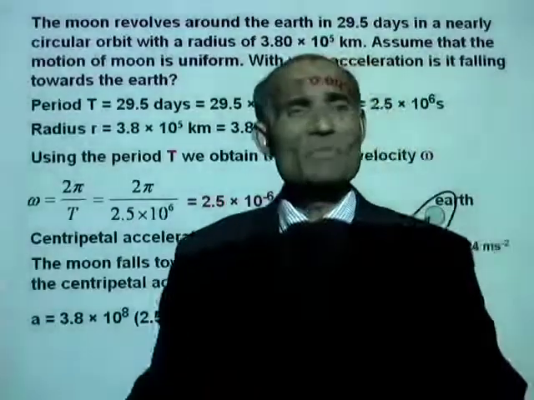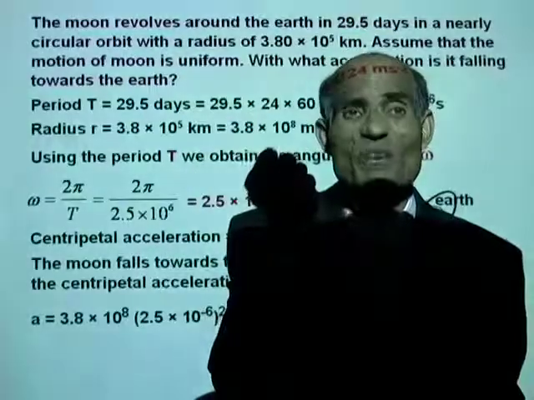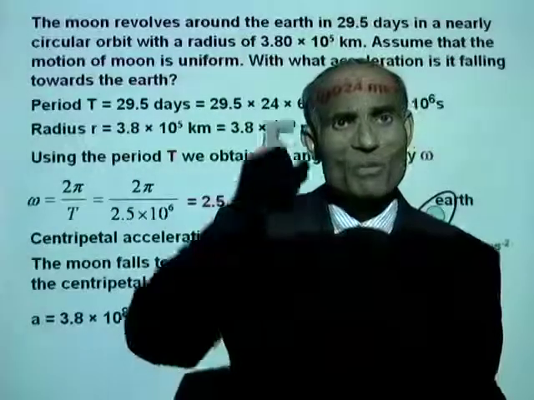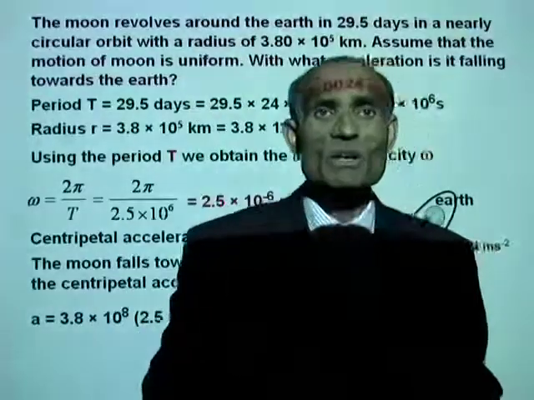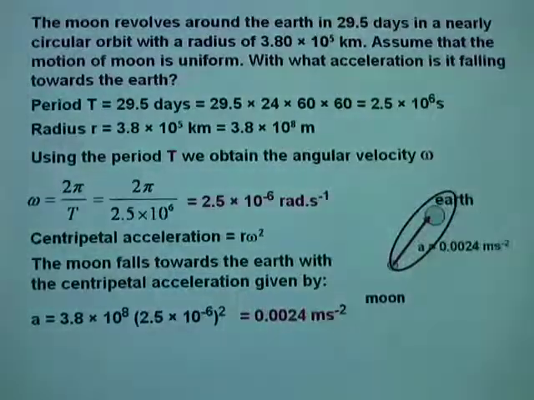Now tell me, the moon is falling towards the earth with this acceleration. Why doesn't it then fall down to the earth? Why is it then keeping going round in a circle? Now, if you notice, the surface of the earth, I'm going to draw it over here.